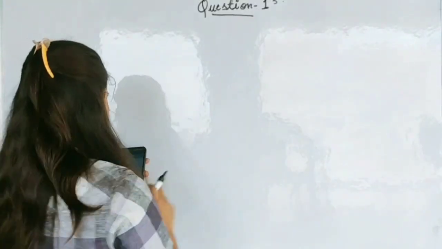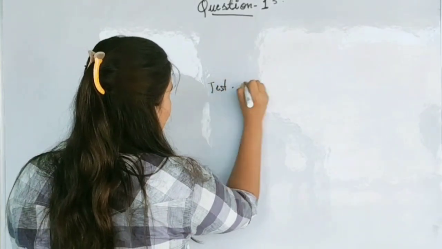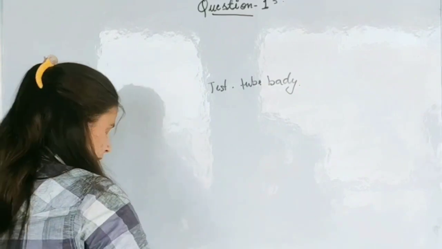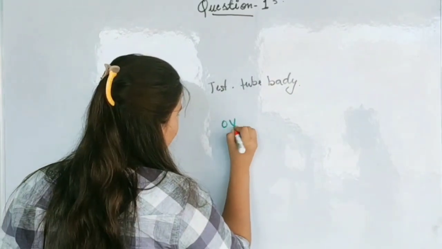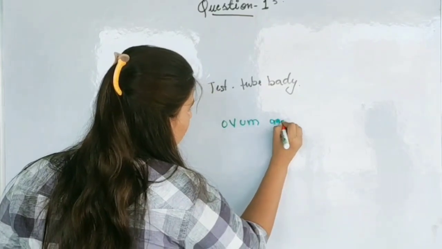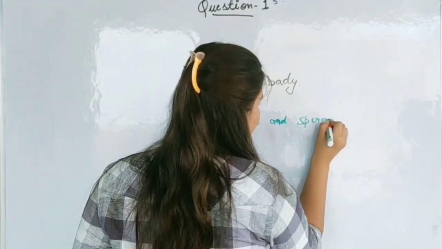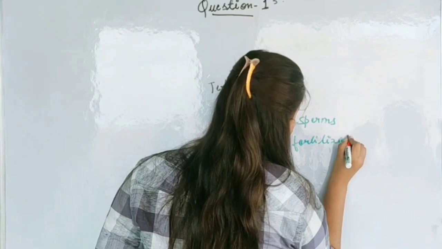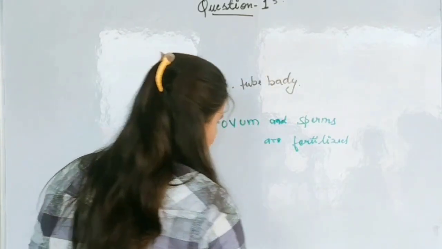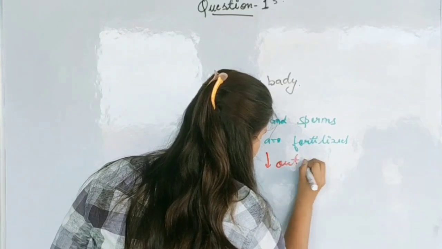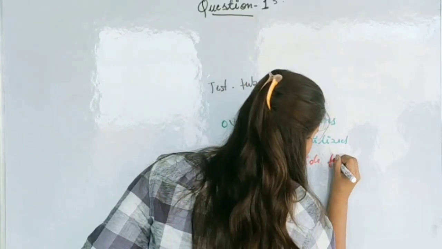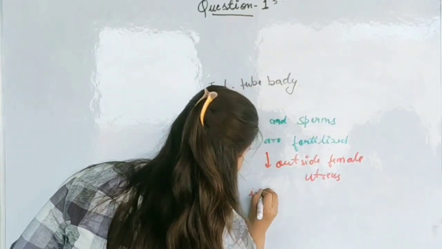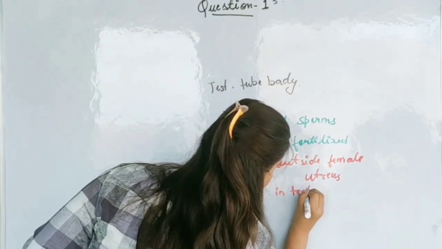Now if we talk about test tube baby, the term test tube baby is when ovum and sperm are fertilized outside the female uterus, that is in test tube.